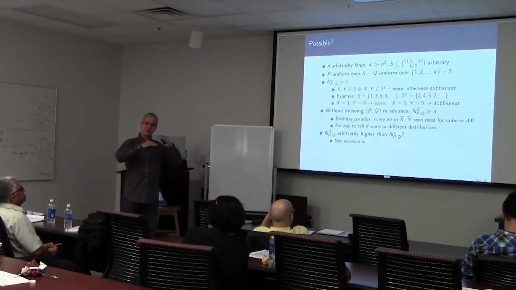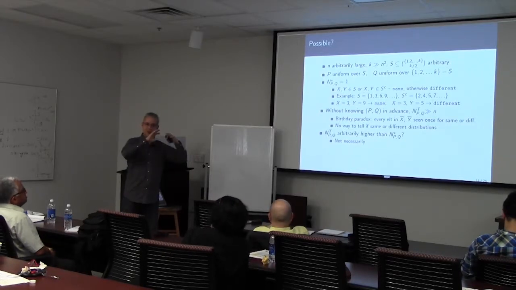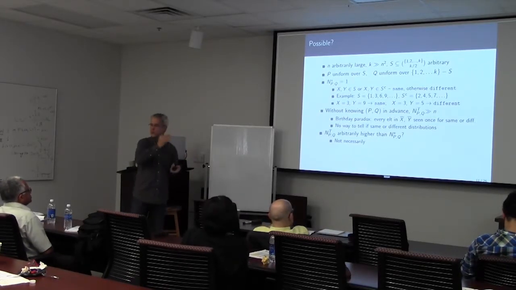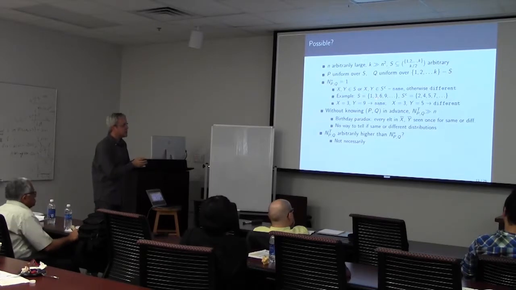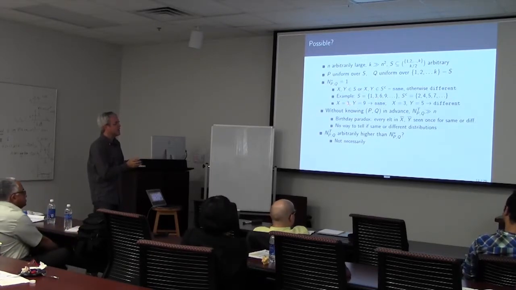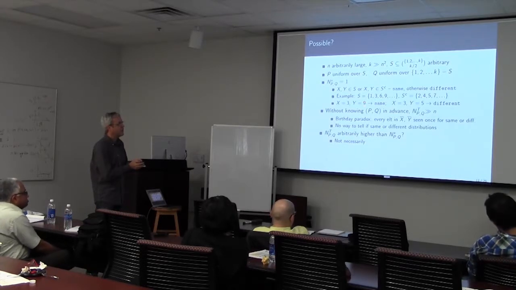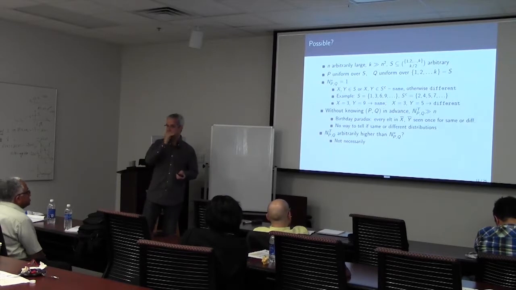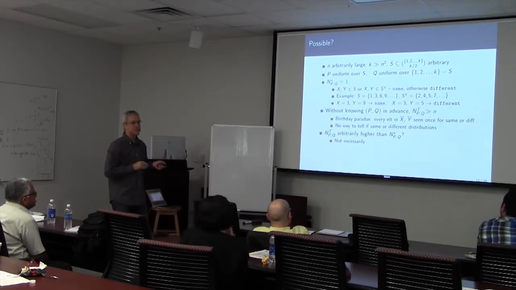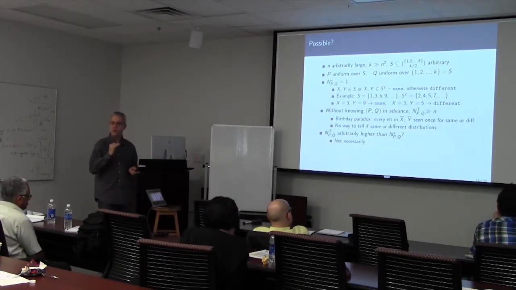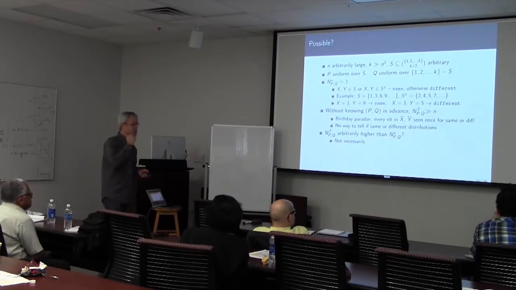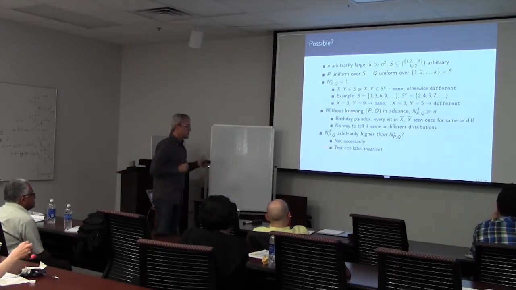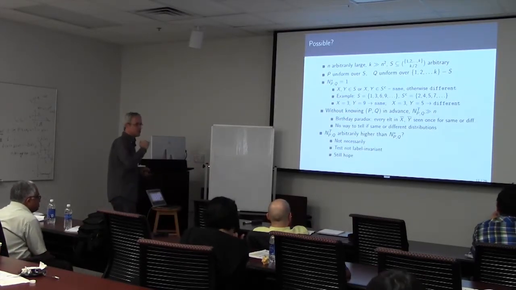They don't just know the distribution, they know what the values are, and the test depends on whether, if I change 9 to 4 instead of 3 and 9, the answer will change. So the answer is not label invariant. So we're competing here with something that is too strong. We only want to compare it with label invariant algorithms. So this test is not label invariant, and so there's still hope.